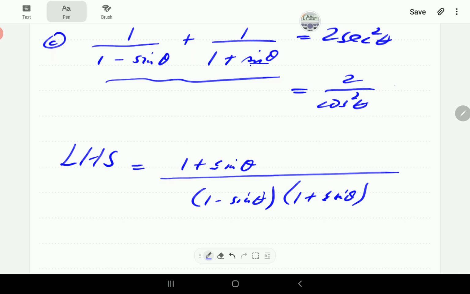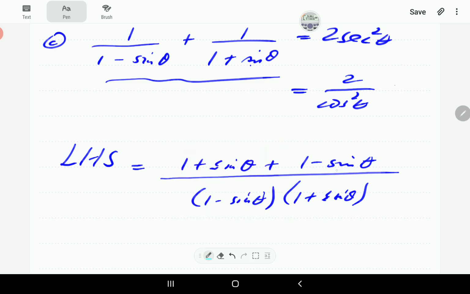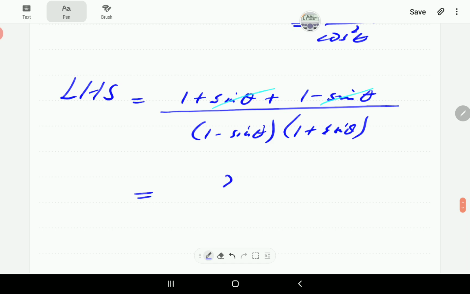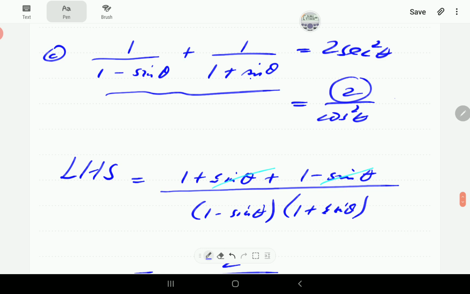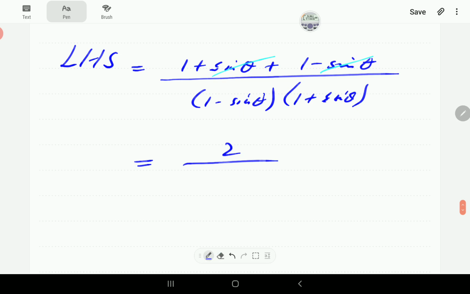Then 1 plus sine theta is going to go over here, 1 minus sine theta times. Then this is going to cancel out. 1 plus 1 is 2, so we got 2. So we already have 2 in the numerator, like we're expecting. In the denominator, we got a difference of 2 squares here, so that we can write as 1 minus sine squared theta.